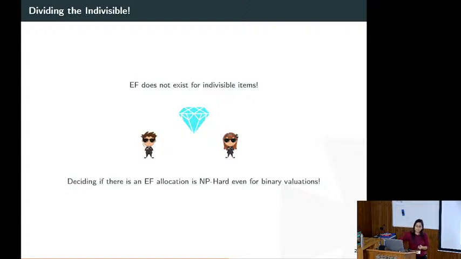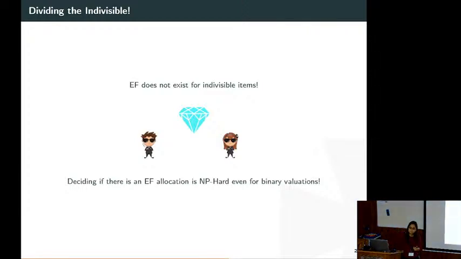We consider both settings, normalized and non-normalized. If there are two parties, in the normalized setting both parties must have the same total value. That is the assumption of normalization, but we also deal with instances where you don't worry about normalization, and you can guarantee some sort of fairness in those aspects as well.